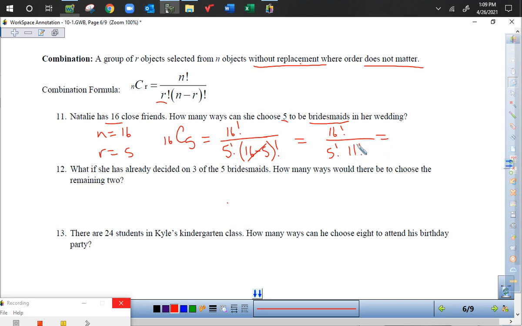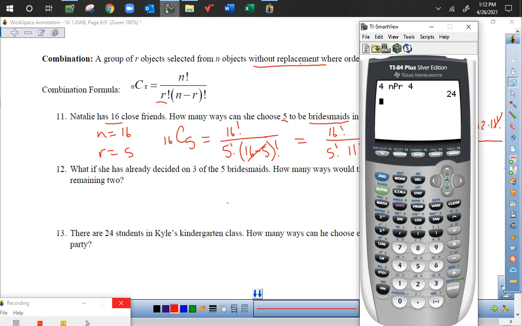Just like we did with the factorial problems on the front page that were division, we want to peel off the top until we see something on the bottom, and we're going to go with the bigger one. So 16 times 15 times 14 times 13 times 12 times 11 factorial, over 5 factorial times 11 factorial. Those cancel out, and this is something we can type in our calculator, just like we see it.